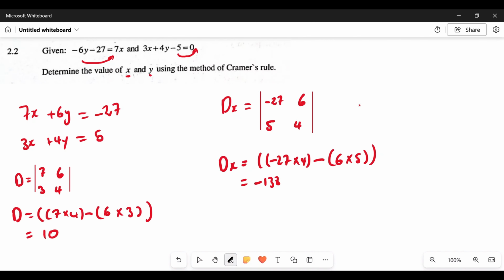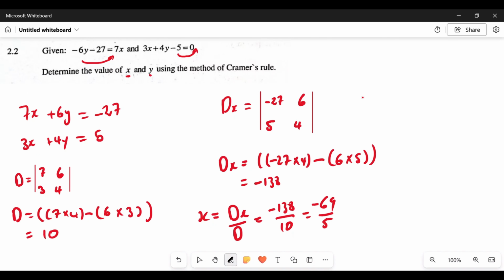There we go. Right, now that we found Dx, we are able to calculate x. The formula goes like this: Dx over D. So our Dx is negative 138 divided by 10. If we continue, this is going to give us negative 69 over 5.